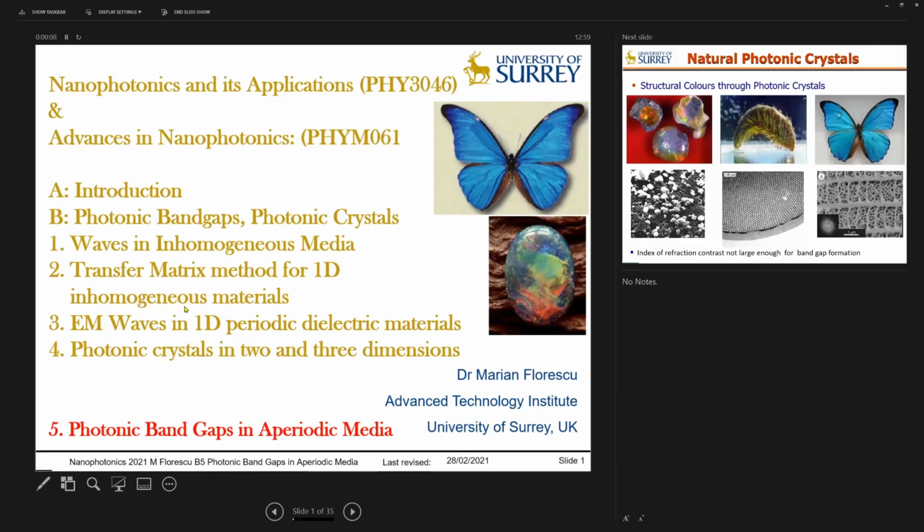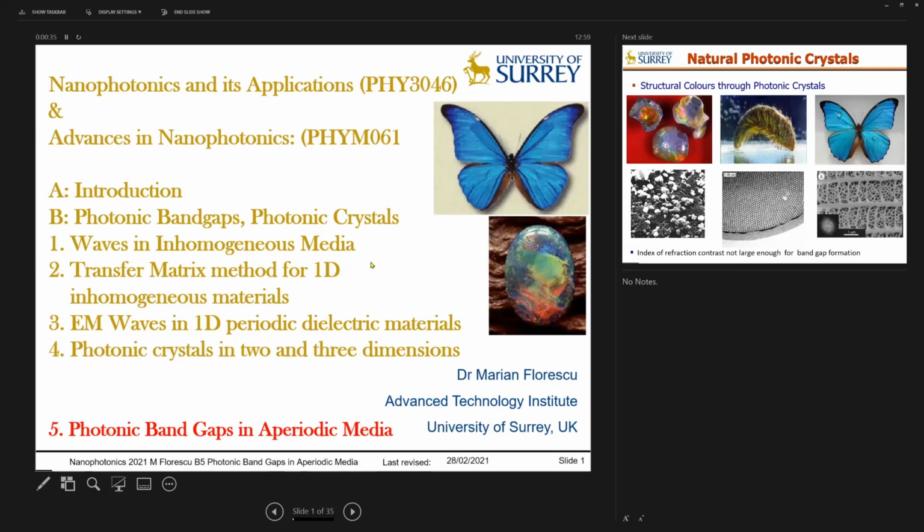And let us discuss the context in which we introduced these photonic band gaps in aperiodic dielectric materials. So we discussed up to this point in the B series of lectures, photonic band gaps and photonic crystals. So band gaps and periodically structured materials. We had 4 lectures, the first 3 dealing with the fundamental aspects related to one-dimensional structures and the presence of the gaps.